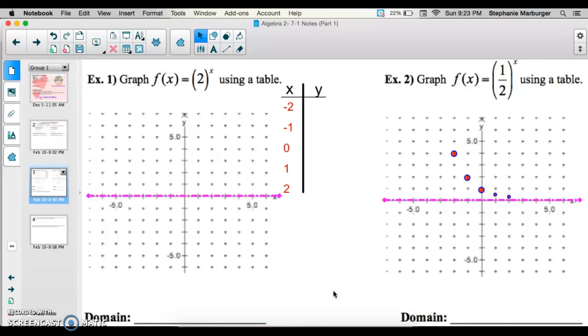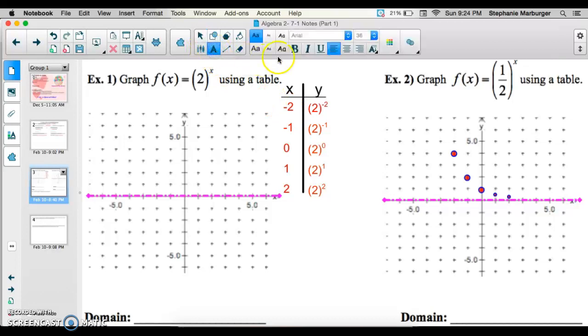So again, anytime you're graphing, you're basically using those key points. And then we're going to check out our y coordinates. So basically we're saying, okay, 2 to the -2nd power. If you look at that and you say, oh, that's totally simple, that's -4. Yeah, that's wrong. So you need to make sure that you're paying close attention to what you're calculating.